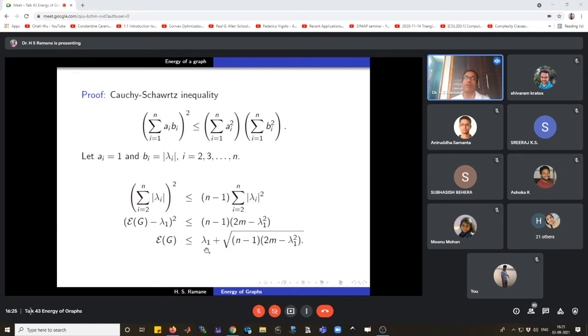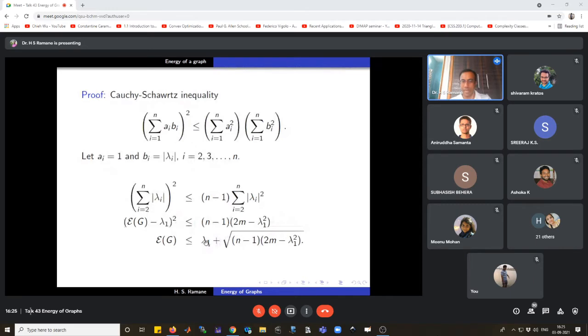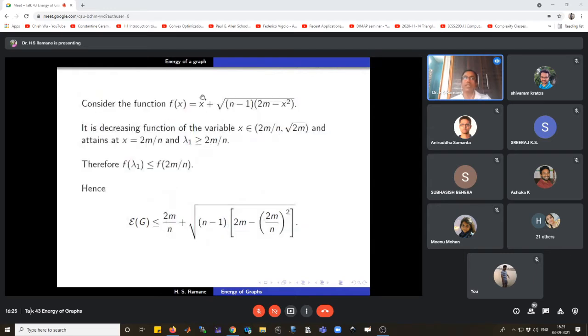We consider lambda 1 as the largest eigenvalue among all n eigenvalues. Then they replace this lambda 1 with a variable x. So this will be taken as x plus square root of n minus 1 times 2m minus x square. This is denoted by f of x, and this is a decreasing function in the interval 2m by n to square root of 2m, and it is maximum when x is 2m by n. And lambda 1 is more than or equal to 2m by n.